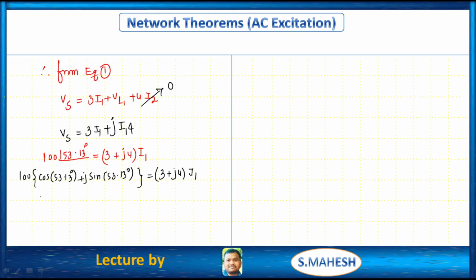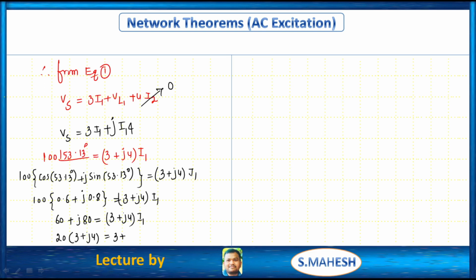From this we get 100 (0.6 plus j0.8), which is 60 plus j80. If we take 20 common, it equals 20 (3 plus j4) into I1. Since 3 plus j4 is common, I1 equals 20 at an angle 0 amperes. This is the value of current I1.